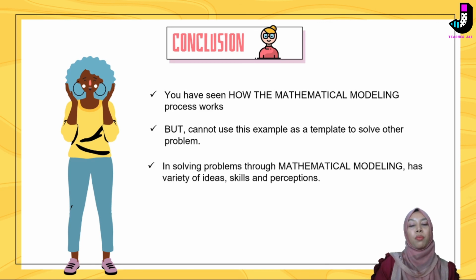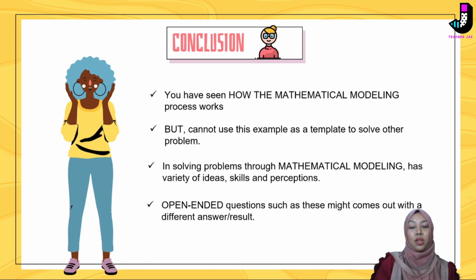So, solving problems through mathematical modeling has a variety of ideas, skills, and perceptions. Okay, these open-ended questions such as this might come out with a different answer or result. So, means that if you have a few groups, okay, each group might have a different outcome, yeah.